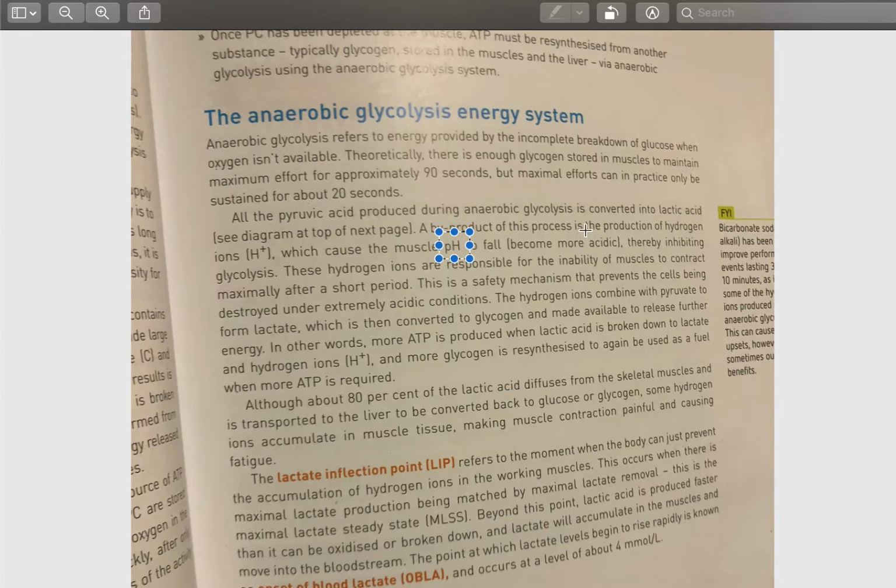And so we know that while something becomes more or less acidic, it starts to stop processes from working well. So if the body keeps producing hydrogen ions, which is a part of lactic acid, which is an acid, the muscle itself inhibits or stops the glycolysis process. So the hydrogen ions are actually responsible for the muscles no longer being able to contract during exercise.